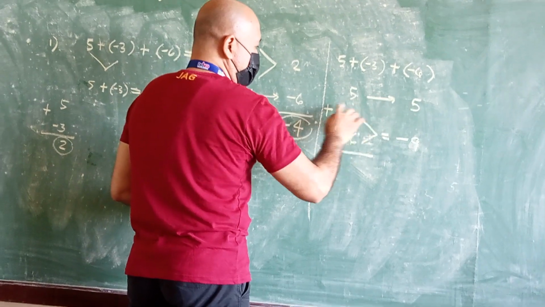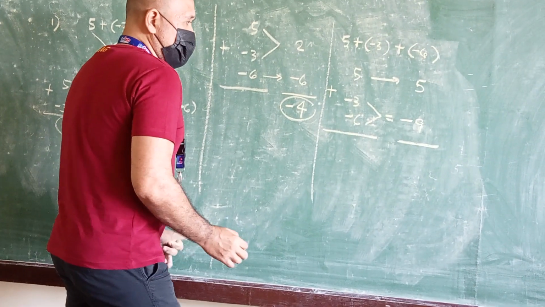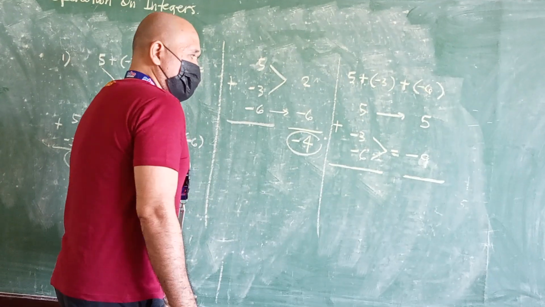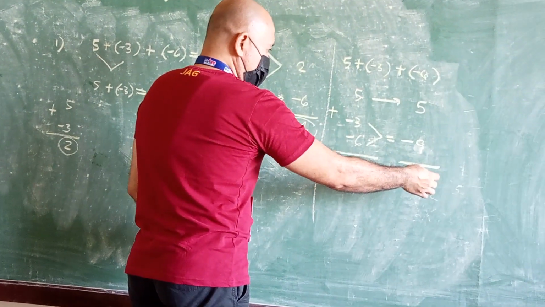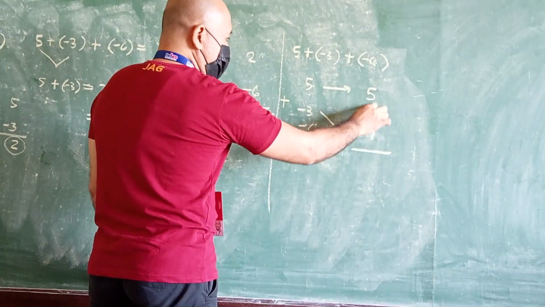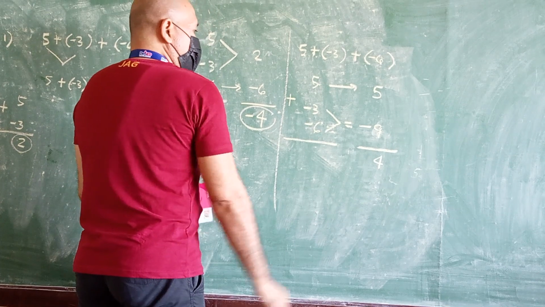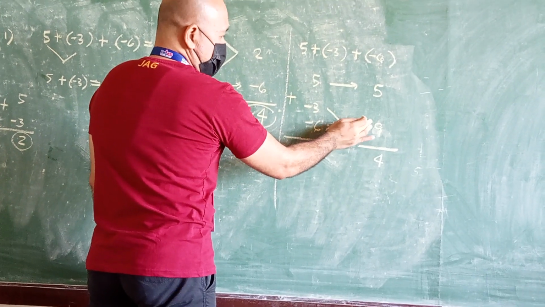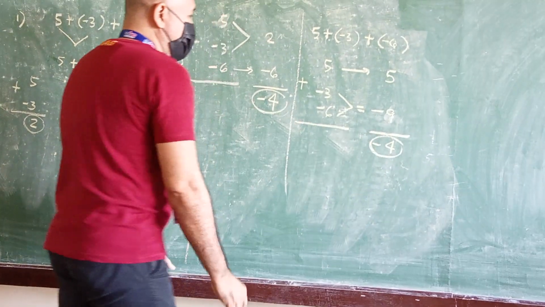So it is now 5 plus negative 9. Since these two integers again have unlike signs, just get their difference, that is 4. And then compare these two numbers. 9 has bigger absolute value, and since the original sign is negative, bring it down as part of your final answer.